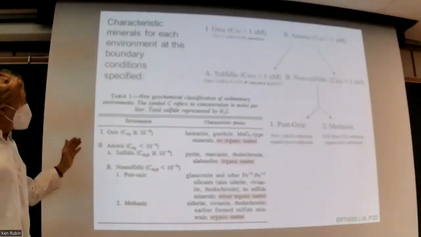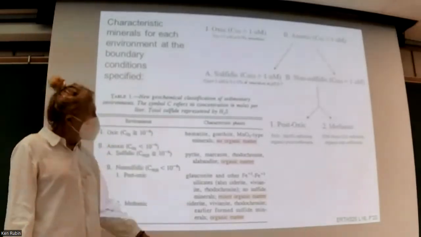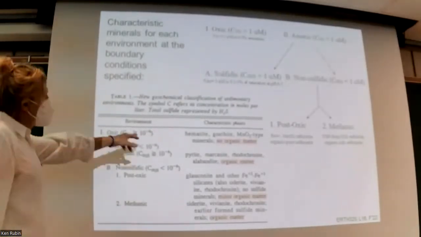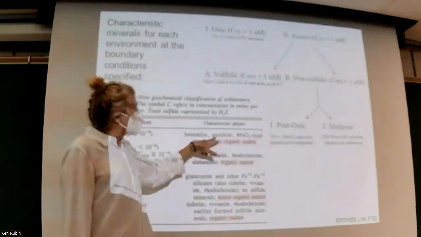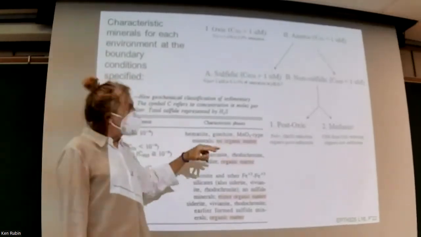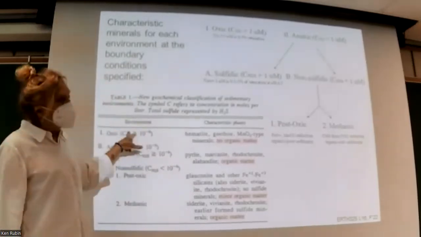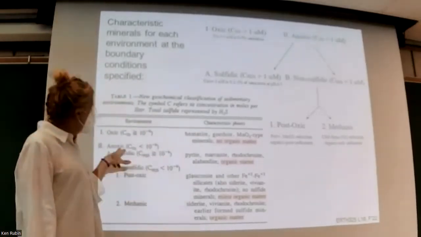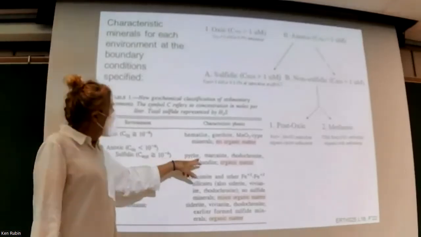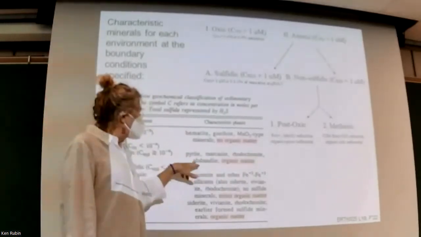Okay, so now you see a list of minerals. Hematite, goethite, these are iron oxides, iron oxide hydroxide, manganese oxide type minerals, no organic matter, relatively oxidized. We go down into the anoxic sulfidic condition: pyrite, iron sulfide, marcasite, rhodochrosite, alabandite.